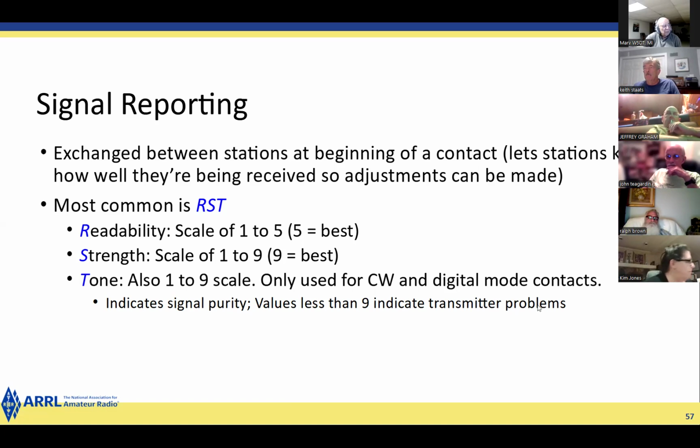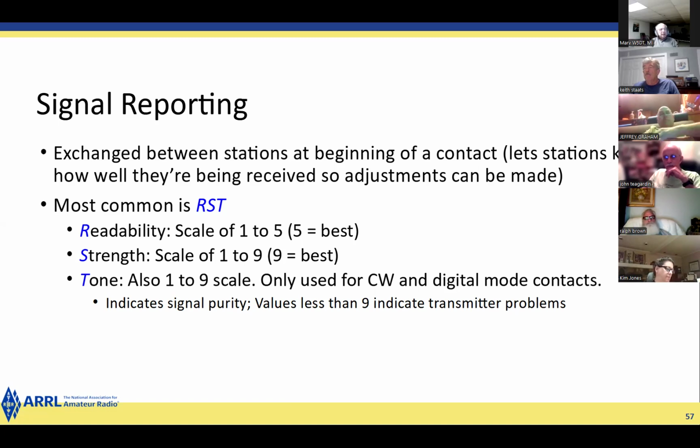But you will have readability and strength issues when you're contacting somebody, and I use that quite a bit as far as knowing how to adjust my QSO. For example, if I'm working somebody and I get a report from them, let's say they send me a 339.